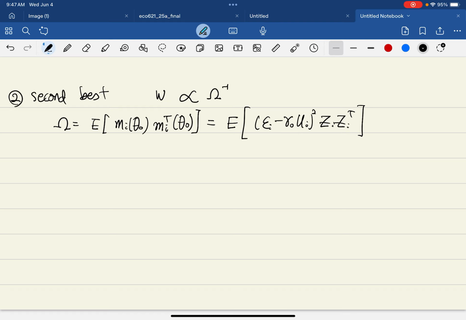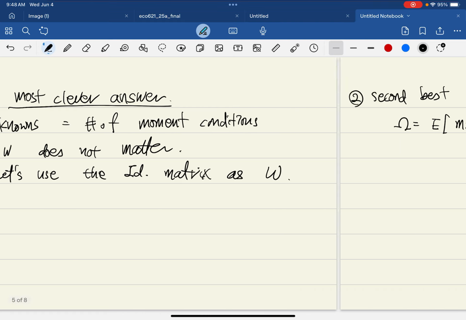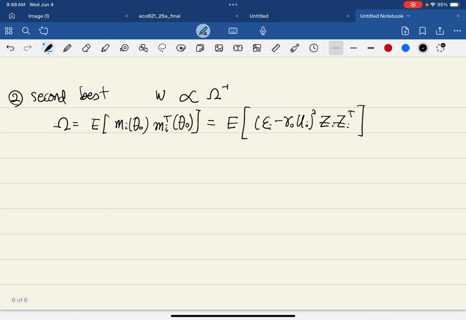And then in the question, I did not copy that. In the question, I told you epsilon is statistically independent of z, right? Statistical independence is very strong.